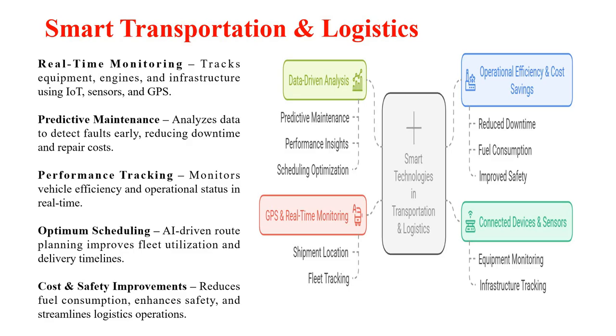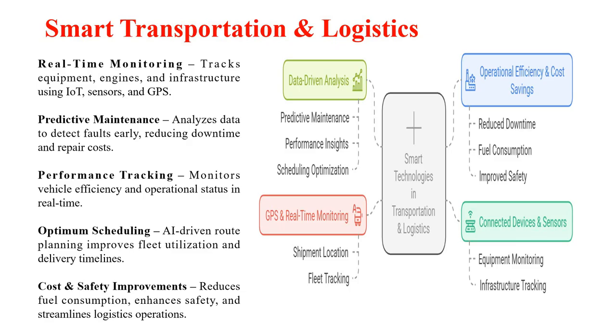Whereas for status and performance, that is performance tracking, real-time performance tracking will ensure vehicles and equipment operate efficiently. And last is optimum scheduling, where AI-based scheduling will optimize delivery routes, reduce delays, and improve fleet utilization.